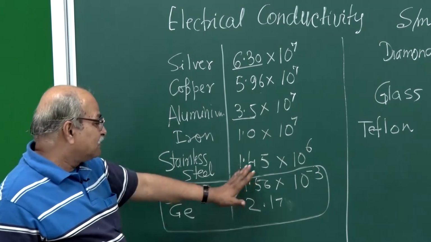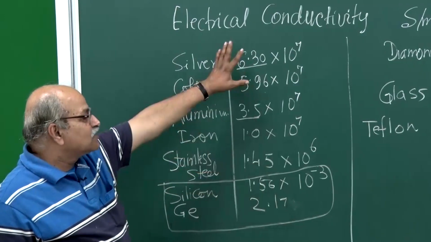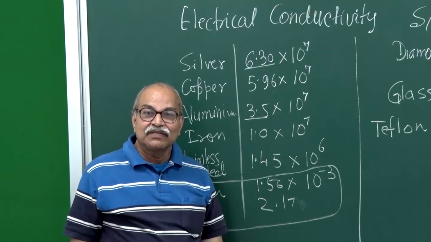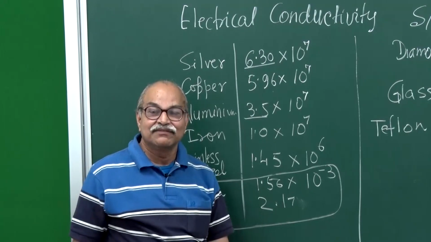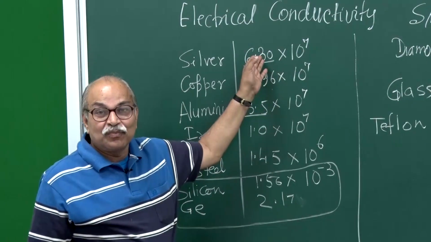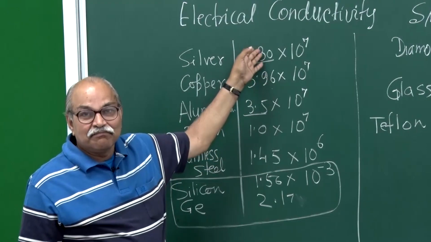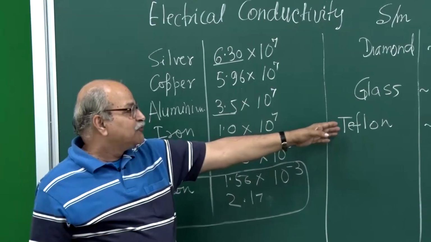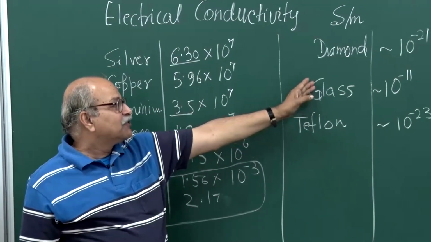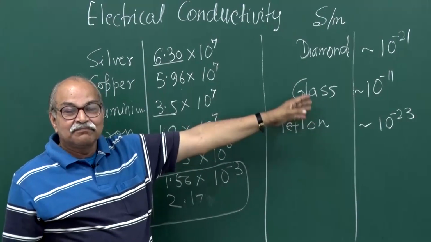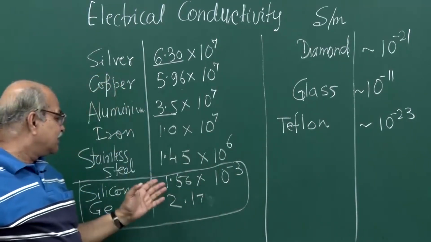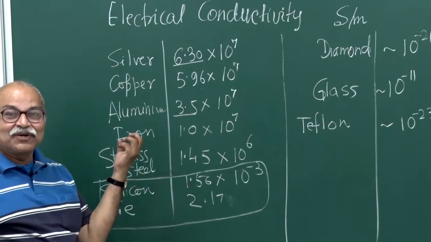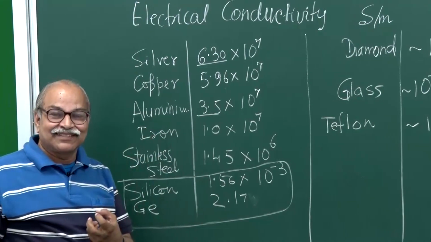But of this range, almost 10 to the power 8, 10 to the power 10, 10 to the power 11 times smaller conductivity than copper or aluminium or metals. But if you compare with Teflon, glass, diamond, plastics, this conductivity is much higher. Therefore, they are called semiconductors.